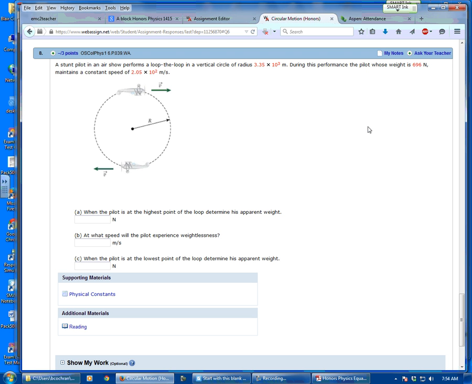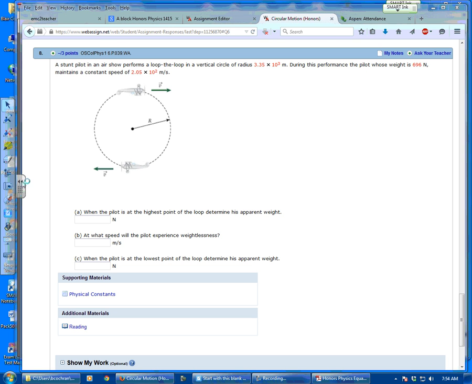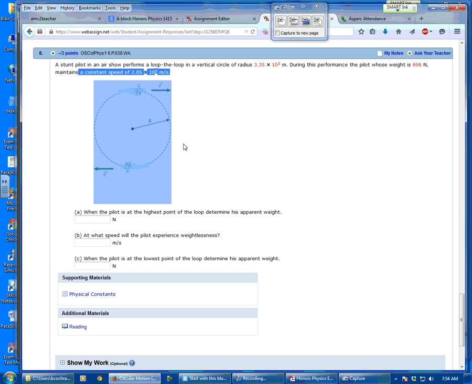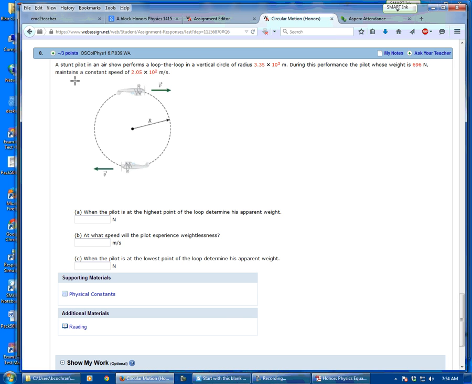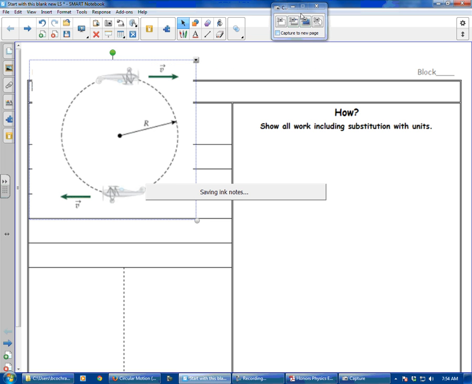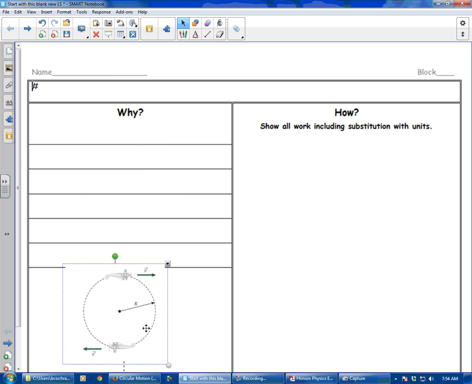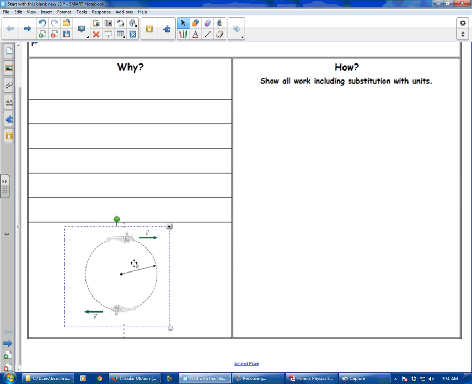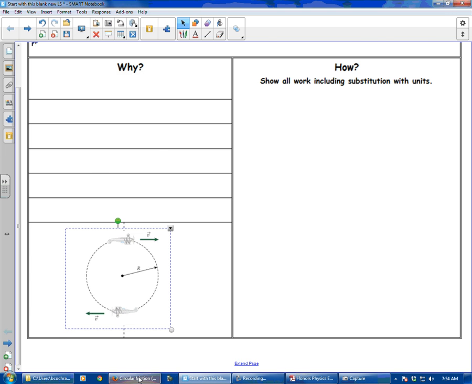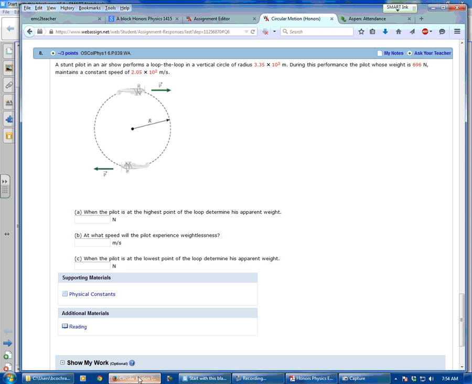I think I'll start off by stealing that image so I don't have to redraw it. Then, determine the apparent weight.